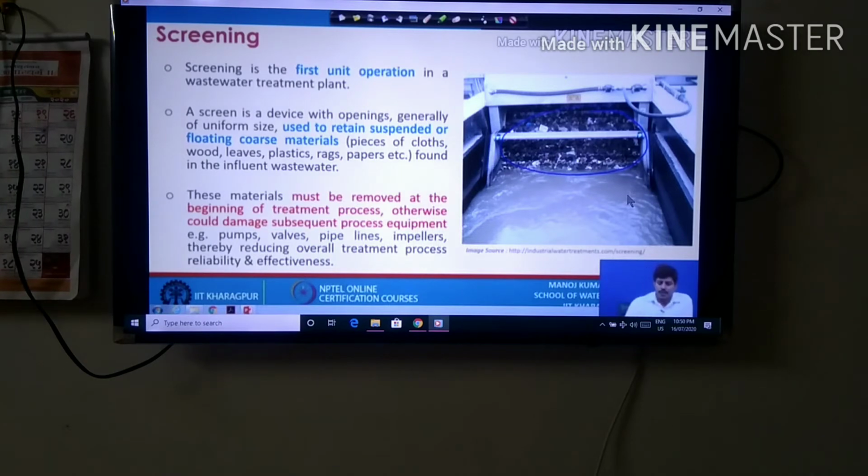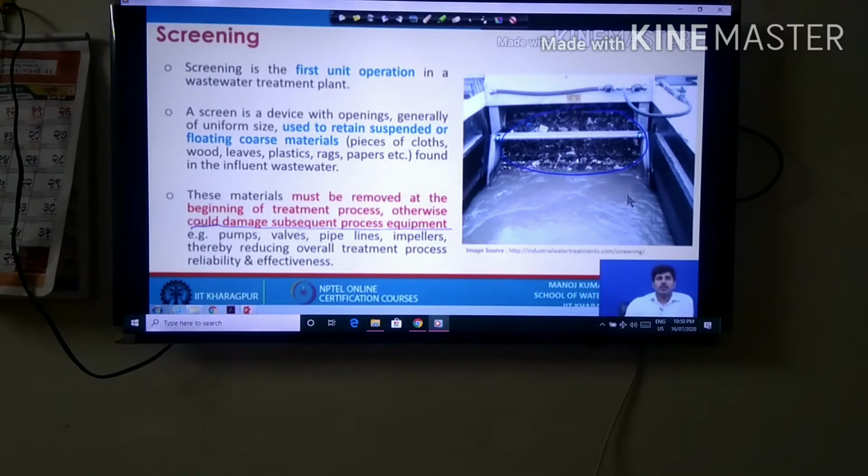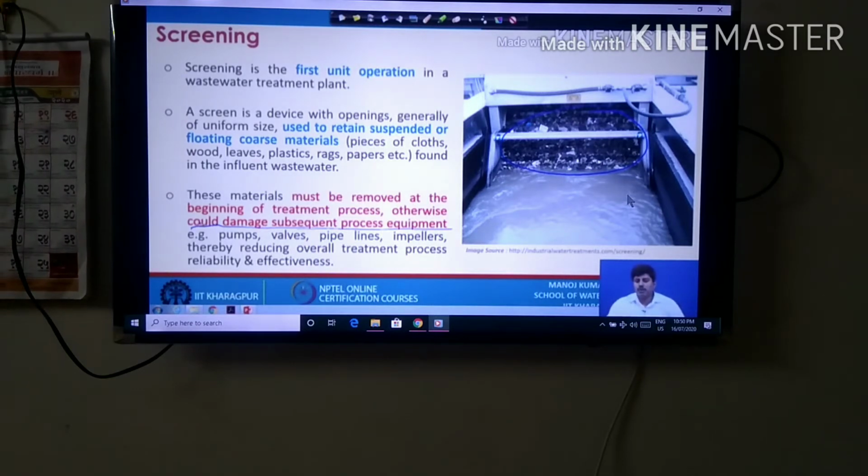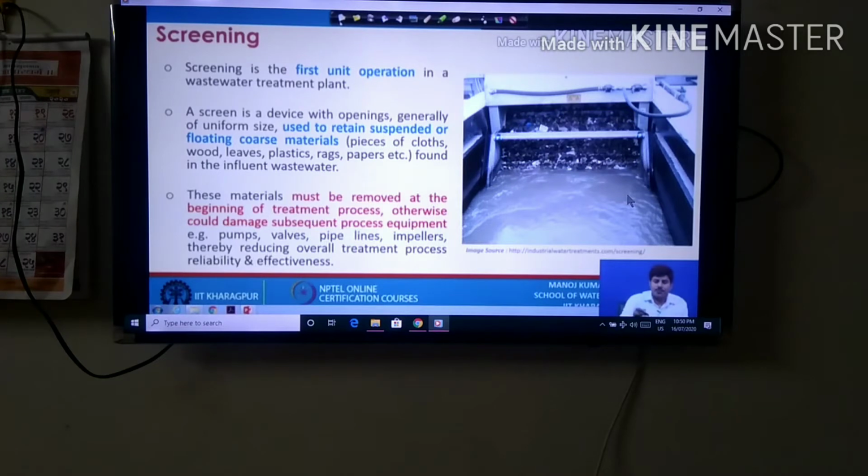Pumps, valves, pipelines, impellers, all the process equipment could be damaged by these materials, so to protect them, it is advisable to remove these materials at the very first stage so that they do not move ahead.